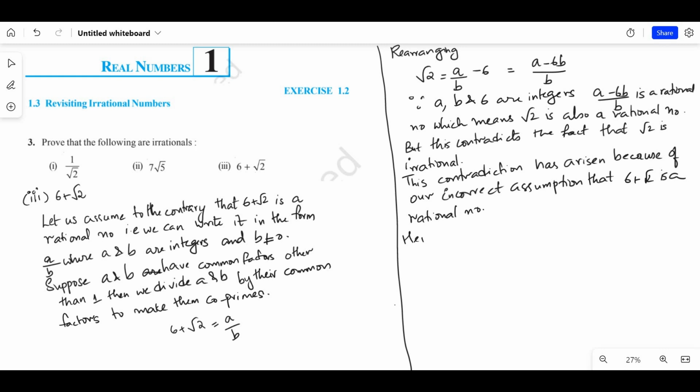Hence, we can conclude that 6 plus root 2 is irrational. Hence, proved.